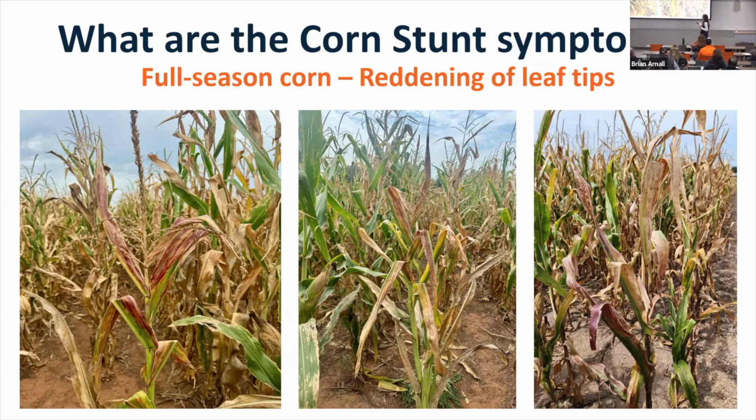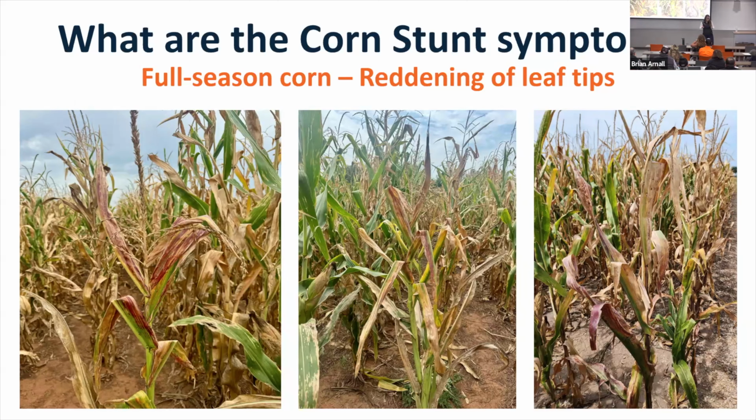First, pictures of full season corn that was planted early in the season. When we arrived in the field, these symptoms were mixed with senescence already. But the most common symptom that we saw here in Oklahoma, in the full season corn or in the double crop corn, was this reddening of the leaf tips.